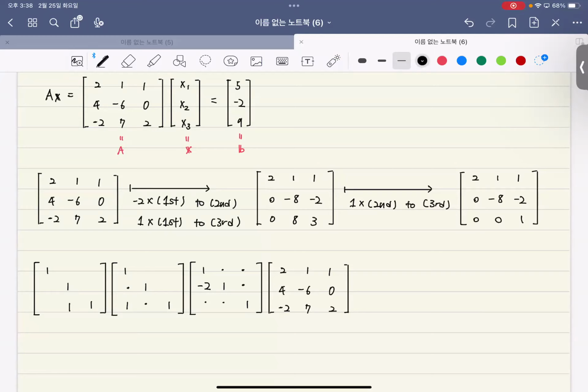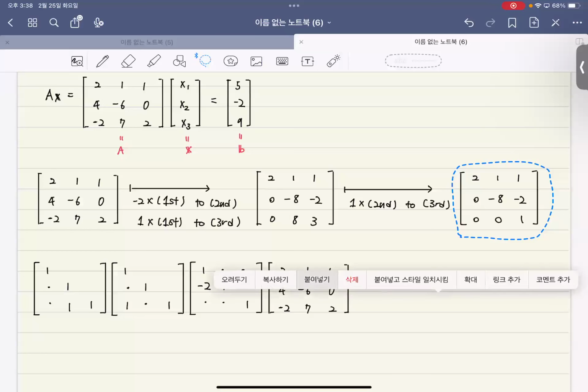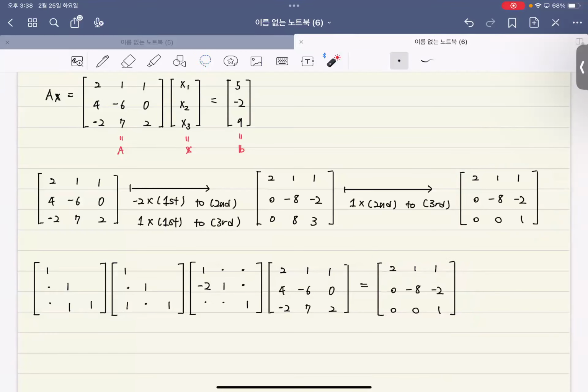Okay. So suppose that I have multiplied these three elementary matrices to the left of the original matrix A. Then the result has to be this, right? Because I have performed exactly the same row operations as I did. So therefore, the result has to be the same.